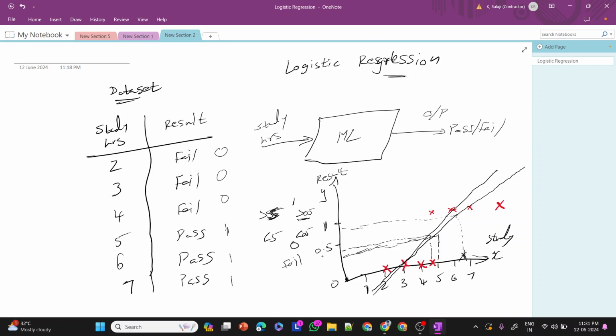To solve this problem, logistic regression comes into place.